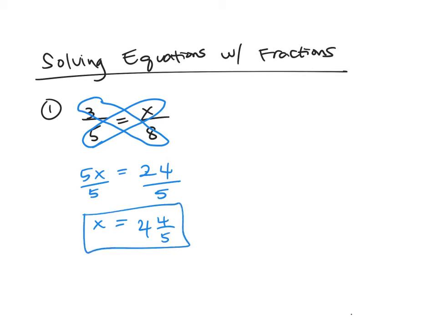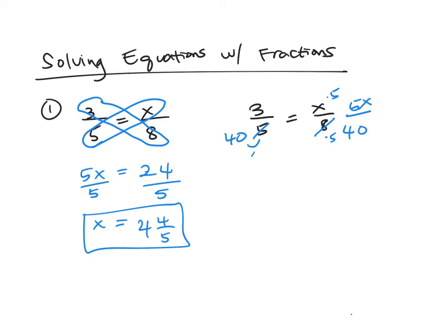Another method you might use is 3 over 5 equals x over 8, and you're trying to get common denominators, the least common multiple of 8 and 5, which is 40, right? But what I multiply on the bottom, I have to multiply on the top. So here I multiply by 5, so I get 5x on the top.